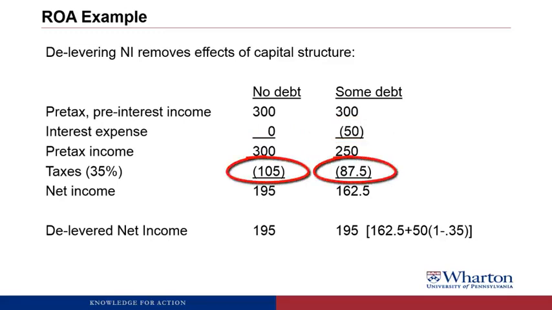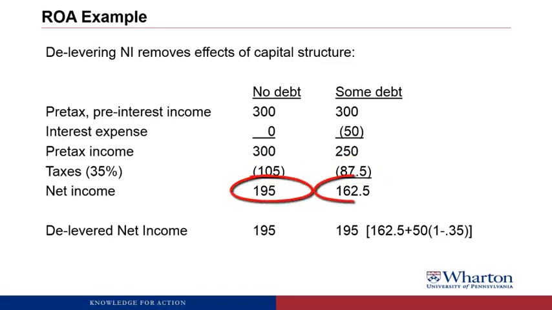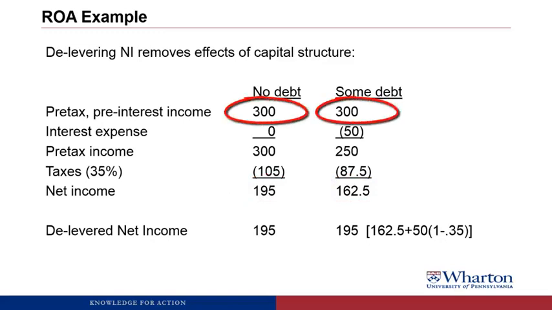So our no-debt company has net income of 195, but our some-debt company has net income of only 162.5. If we just use this net income as the numerator in ROA, it would look like the some-debt company is not performing as well. In fact, they have the same performance: 300 in both cases, pre-tax, pre-interest income.